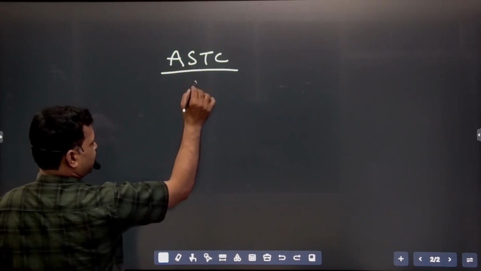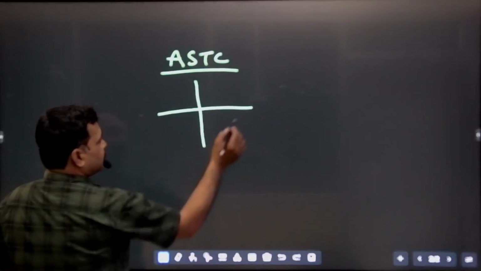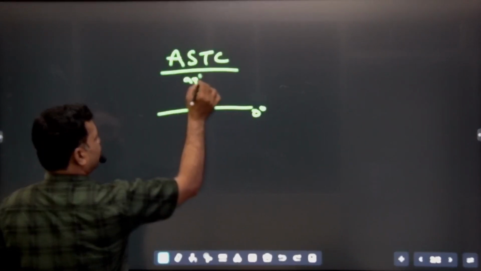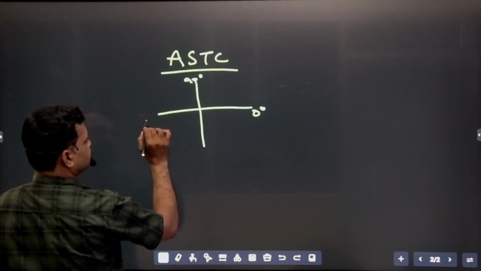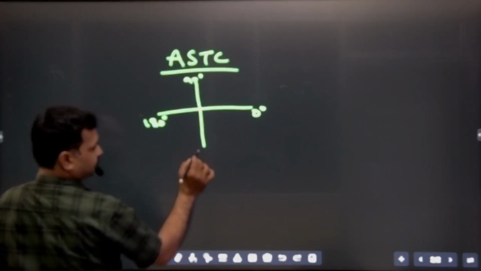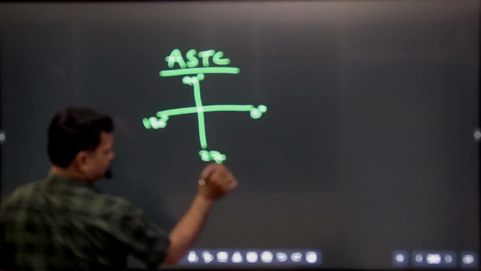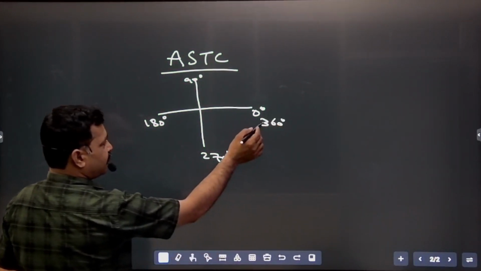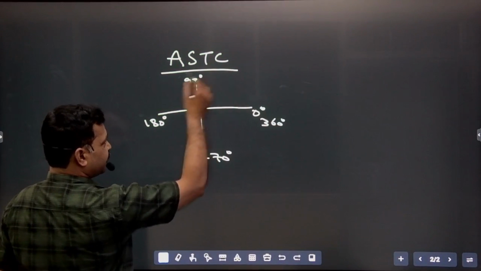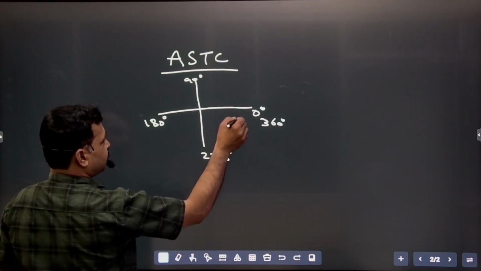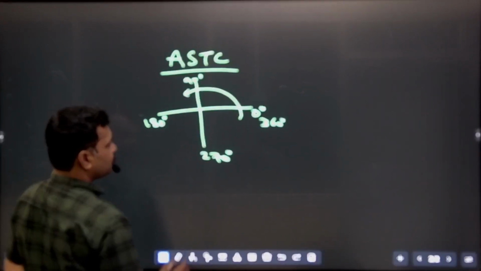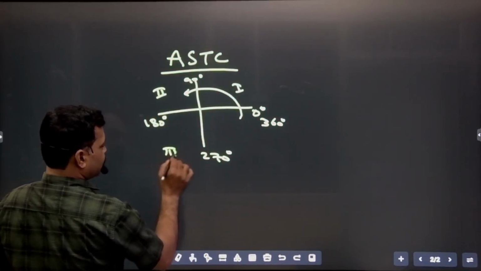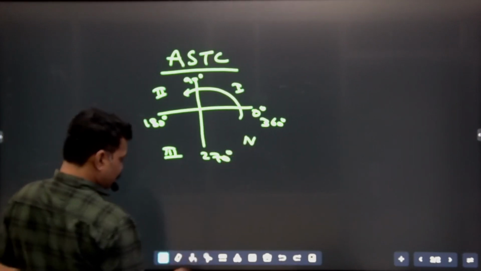So it explains that for different values of angles, we have total 4 quadrants. So similarly, if the angle value increases, then we can rotate in anti-clockwise direction. So this will be first quadrant, this will be second quadrant, this will be third quadrant, and this will be fourth quadrant.